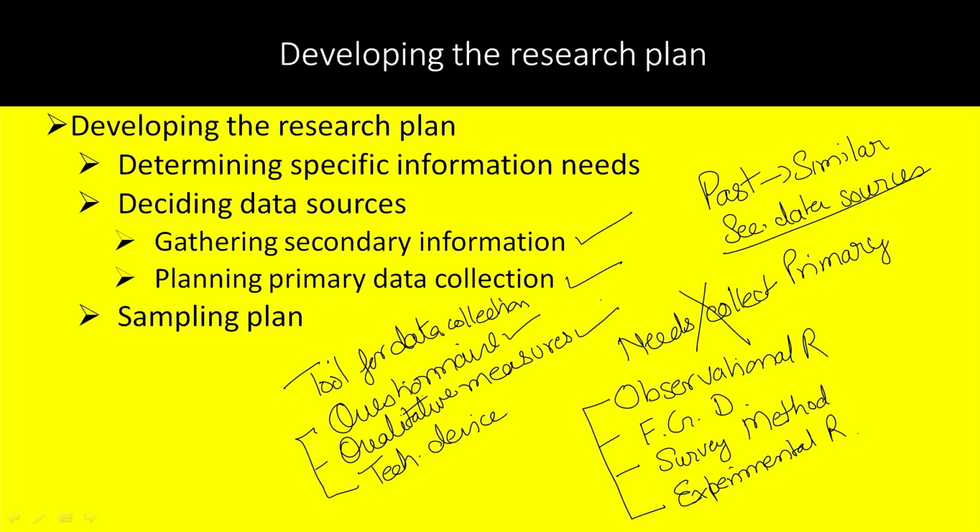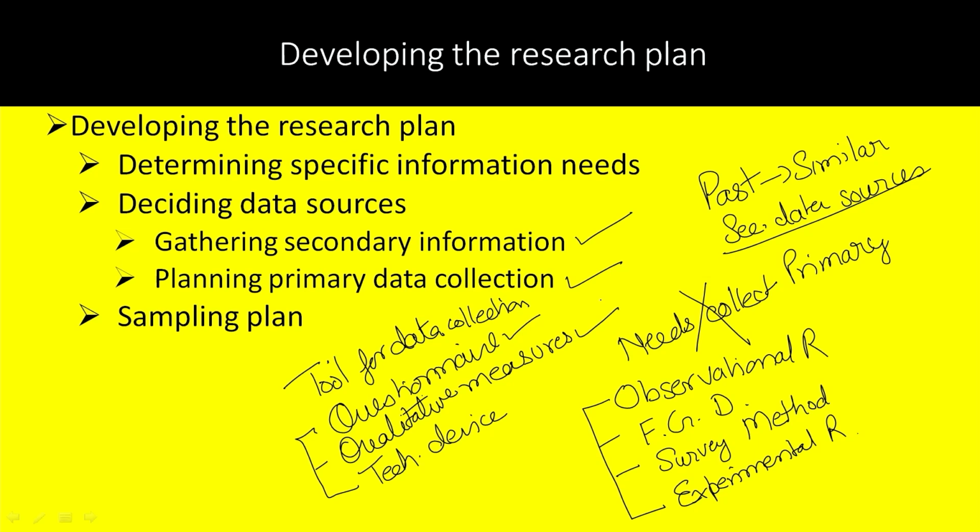So, in a questionnaire, even if the questions are open-ended, the questions are prefixed, the questions are pre-decided. While in case of qualitative measure, maybe a couple of questions to start the discussion, maybe 2 questions, 3 questions may be pre-decided. But what happens after that?